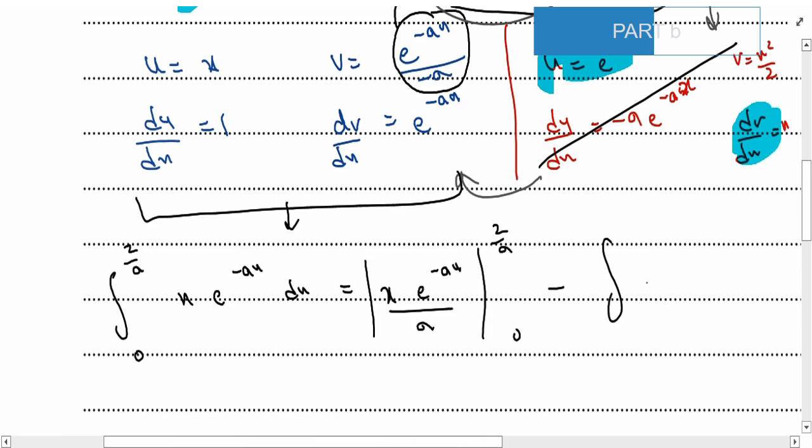V is e to the power of minus ax over minus a, and du by dx is 1, so just write dx.